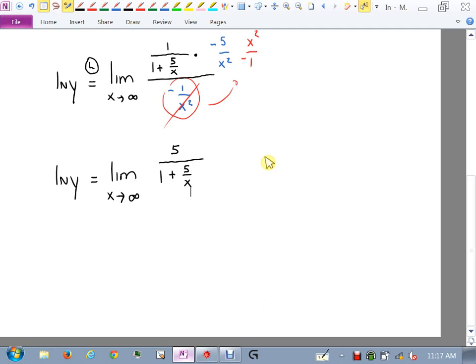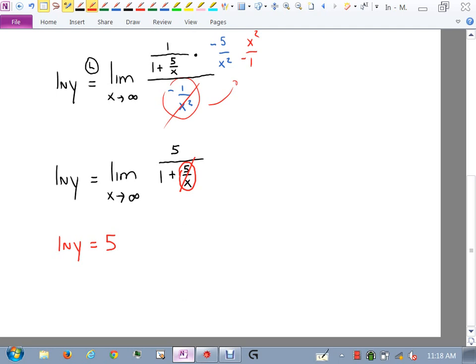Now, what happens? X goes to infinity. This term, 5 over x, is going to vanish to 0 now. That's going to go away when I take the limit. And all I'm going to be left with is 5 over 1, which is 5. So I know that the natural log of y must be 5. And remember, what we wanted in the very beginning of the problem was we wanted to know what y was, didn't we?